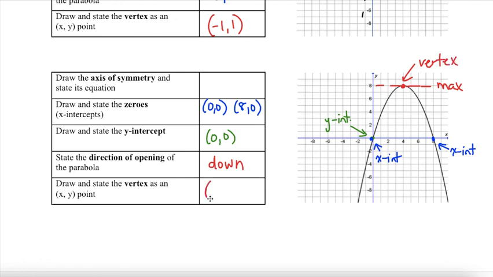My vertex has a coordinate of 4, 8. My axis of symmetry goes straight through the vertex, and it crosses the x-axis at 4, so it has an equation of x equals 4.